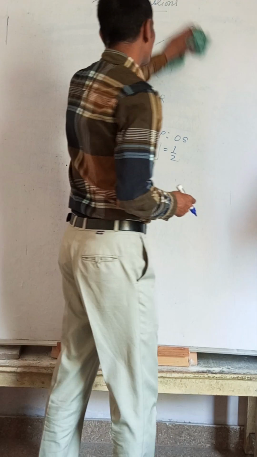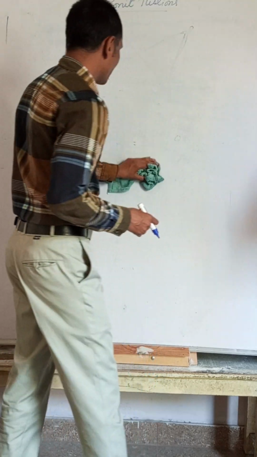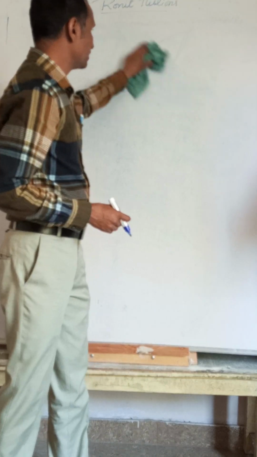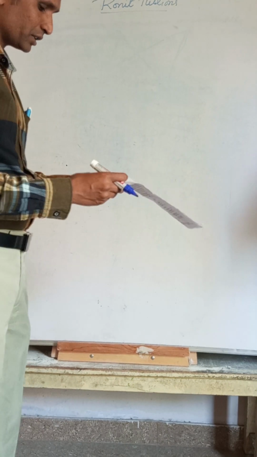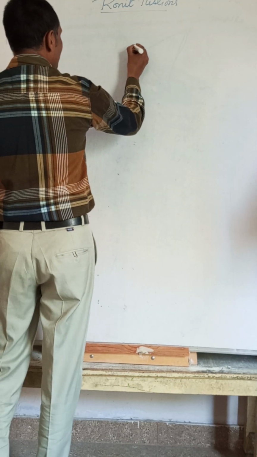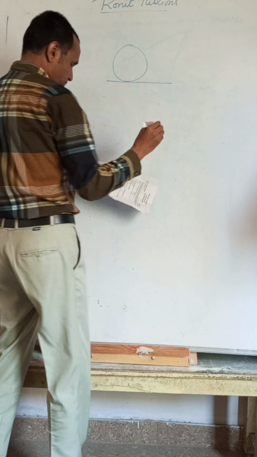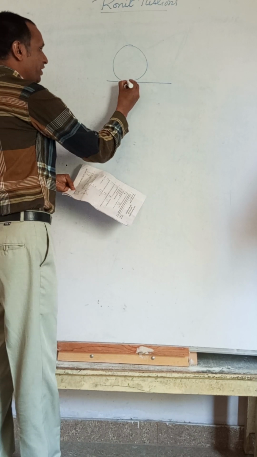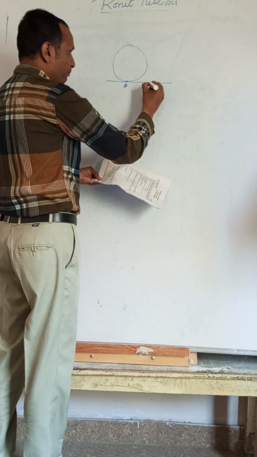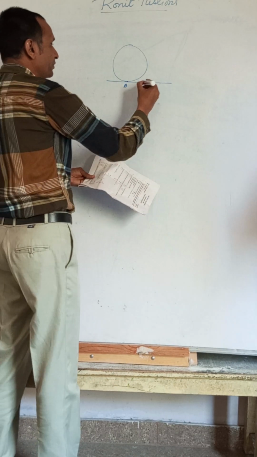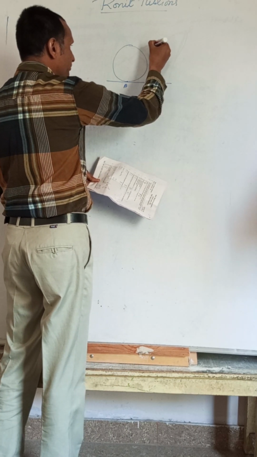These are the 1-mark questions that are asked. In the given figure, one diagram is given. Here is one circle, and here one tangent is drawn. The contact points are given as A and P, and the same tangent goes to this side also.